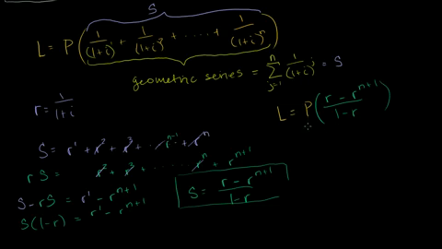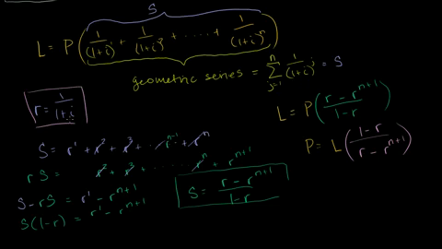Now, if we're trying to solve for p, you multiply both sides by the inverse of this, and you get p is equal to your loan amount times the inverse of that. I'll do it in pink because it's the inverse: 1 minus r over r minus r to the n plus 1, where r is this thing right there. And we are done. This is how you can actually solve for your actual mortgage payment.